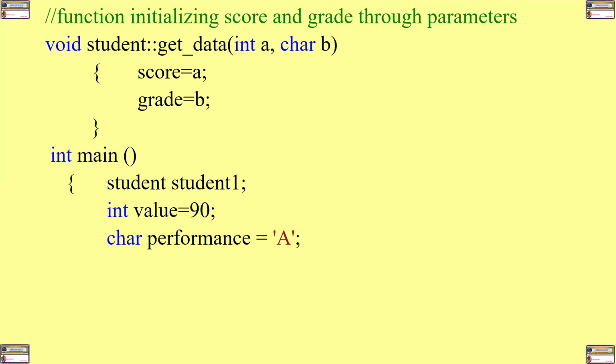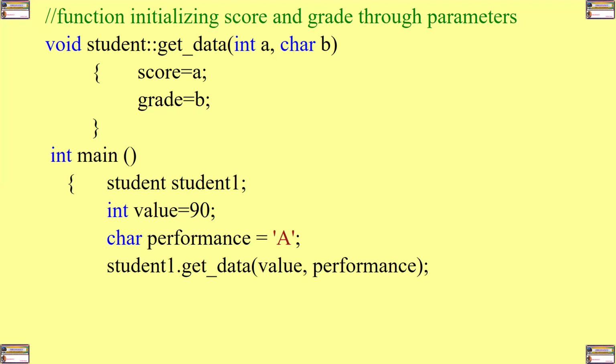Because this is a statement for calling or invoking the function called getData, which is a member of the class called student, we write it as follows. We are passing two arguments to the function called getData, which is a member of the class called student. So we write it as follows.